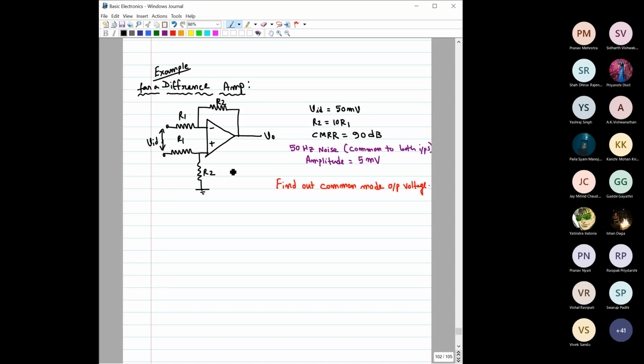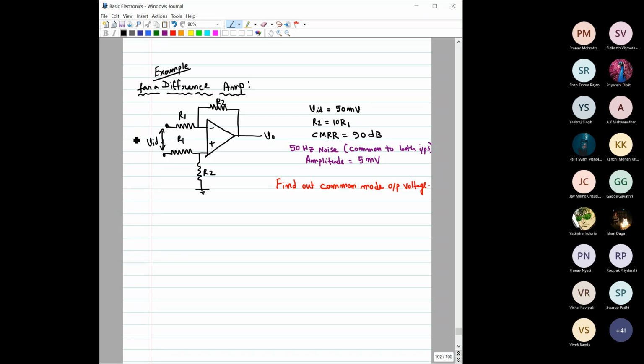Here are the two inputs of this difference amplifier. You can see R1, R1, R2, R2: this ratio has been maintained for both the inverting and non-inverting terminals. We have just completed our discussion on this difference amplifier, so I thought it would be better if we take this example.